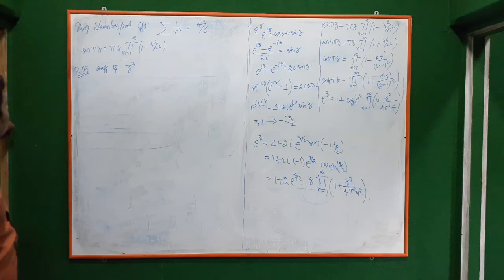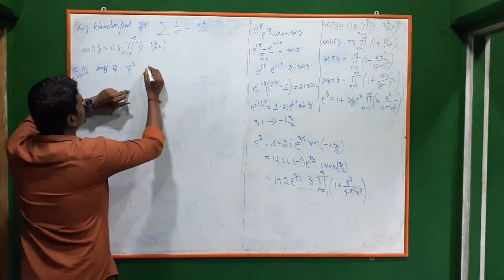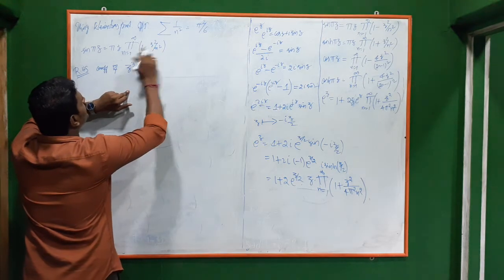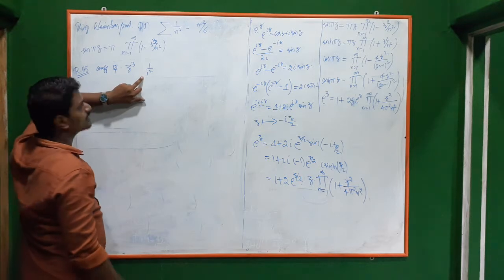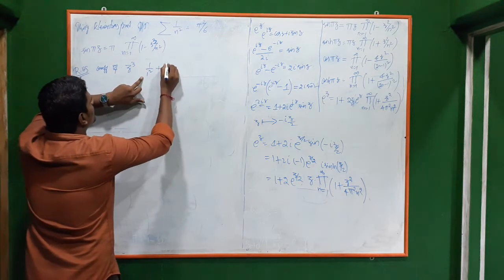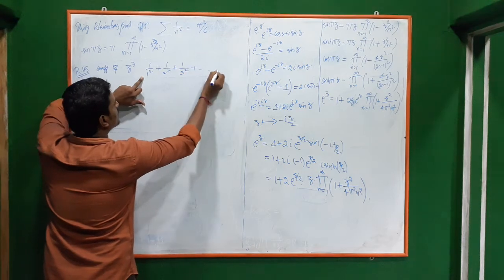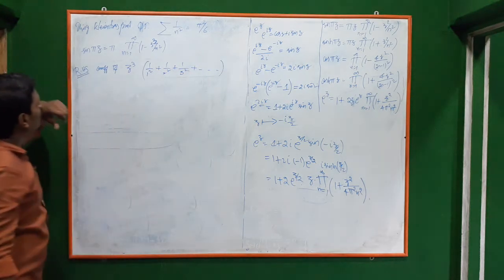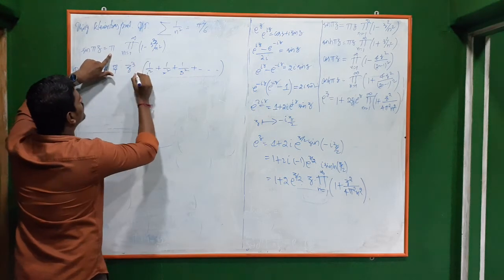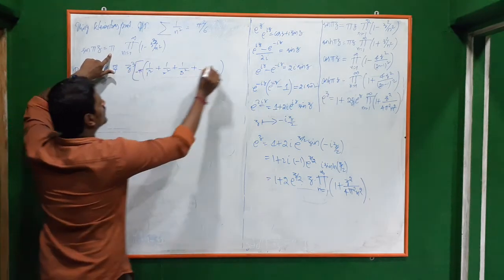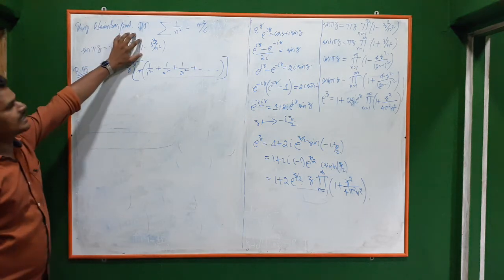So what will that be? The first term will be n equal to 1, that will be 1 by 1 square for z cube. Second term will be 1 by 2 square, then 1 by 3 square, plus and so on. And pi will be there, minus pi will be there. So minus pi into this will be the coefficient of z cube on the right hand side.